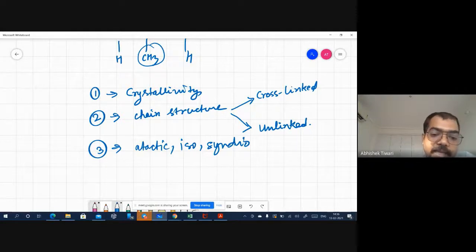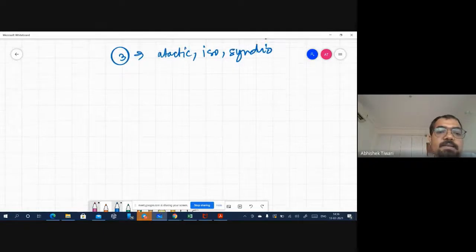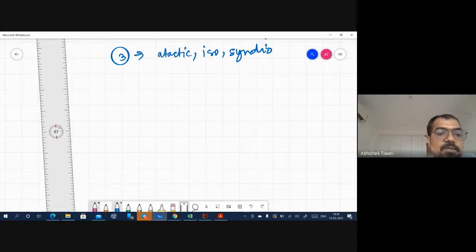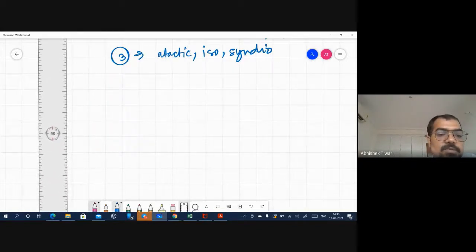If we look at the mechanical response of polymers, then what we saw in the metallic material, so let us draw a stress strain diagram of a metallic material.